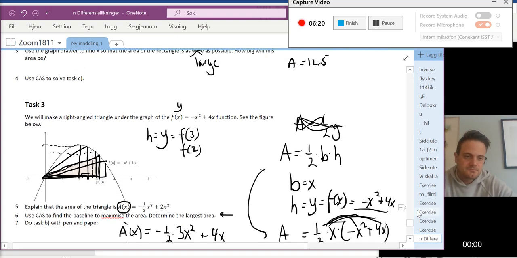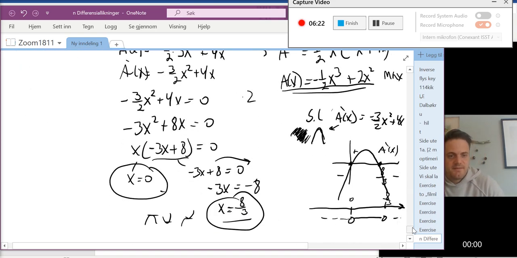Oh, sorry. So this means that this is the sign line of the derivative, and then we know a lot about the function. It decreases, increases, and decreases. So this is the minimum point, and this is a maximum point, as we would expect. So we know that this is the maximum point.